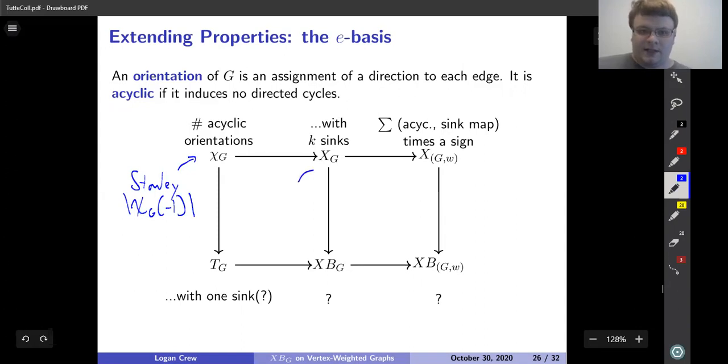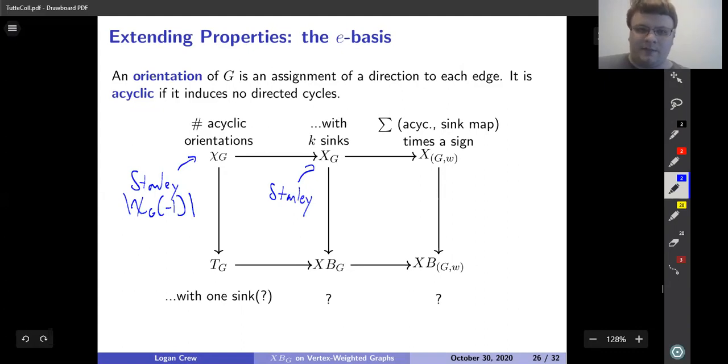Another thing that Stanley showed later with xg is that you can further break this down by how many acyclic orientations have a fixed number of sinks, meaning a vertex that has no outgoing edges.